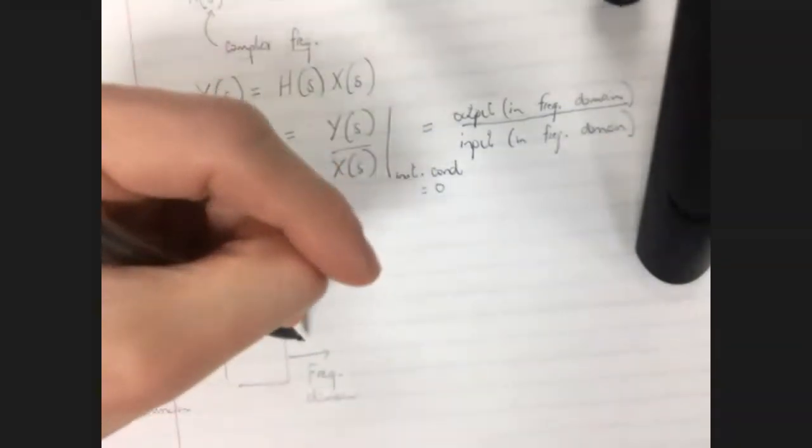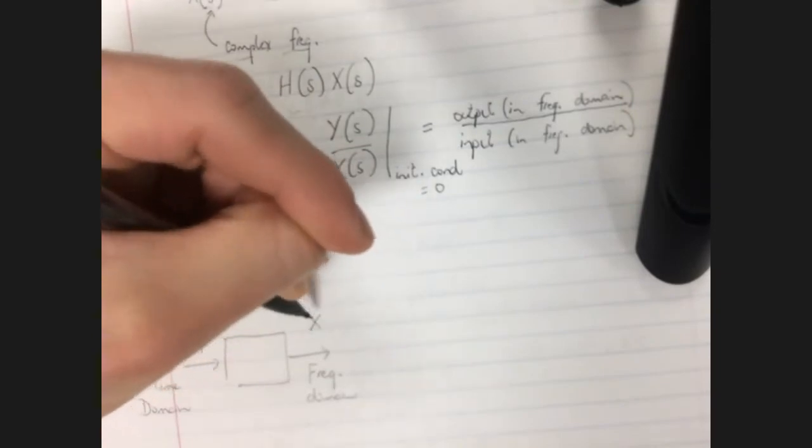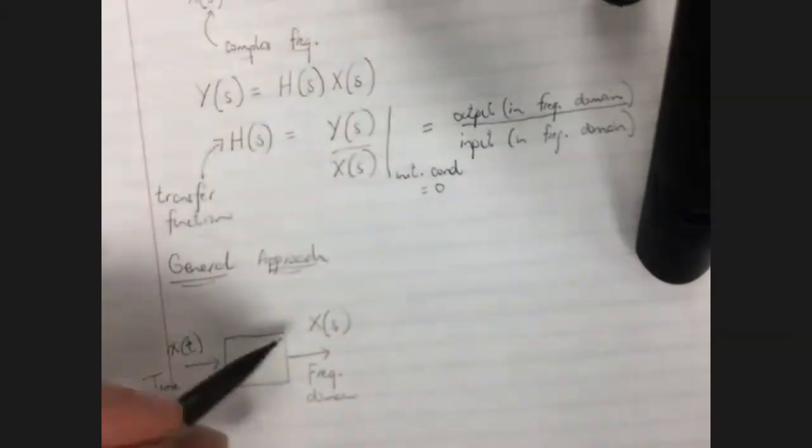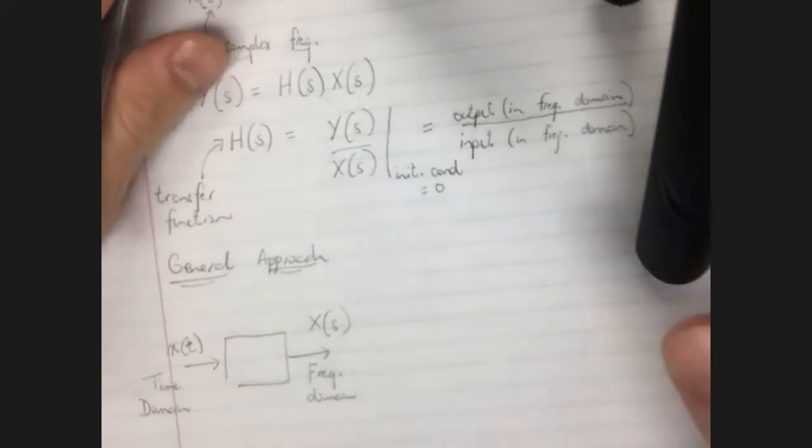We said we can use s as our big X of s, which is what we're going to have after our first step. Okay, then we're going to run that through our system.